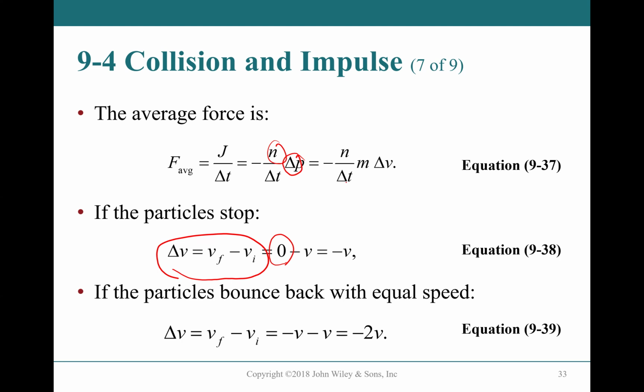The force equals the change of momentum. We can just write it as n delta p. We don't need a negative sign. If the velocity change, final minus initial, is negative, then we can put it in. It might be different from the initial velocity, but it's okay.